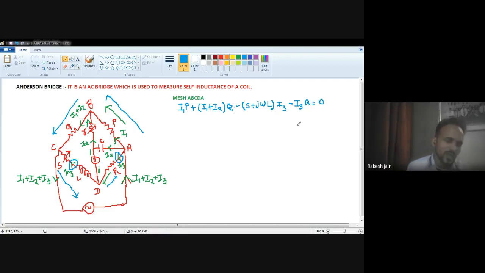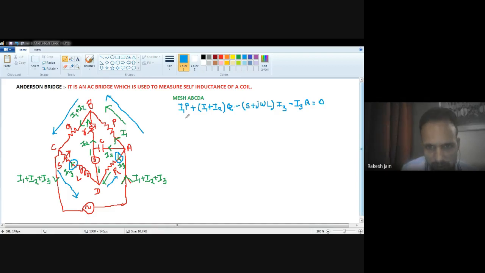So I1 P plus (I1 plus I2) Q plus (S plus j omega L) I3 minus I3 R is equal to 0. I can write this, if I take I1 common from the first two, I1 (P plus Q) plus I2 Q, that is equal to I3 in bracket (S plus R plus j omega L).